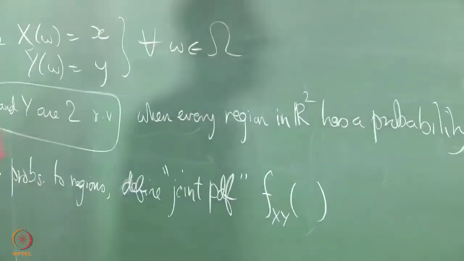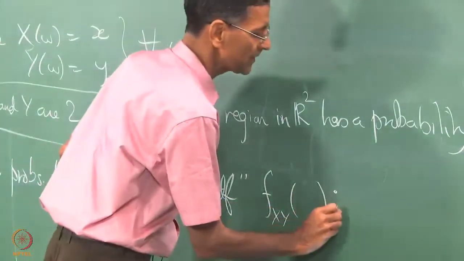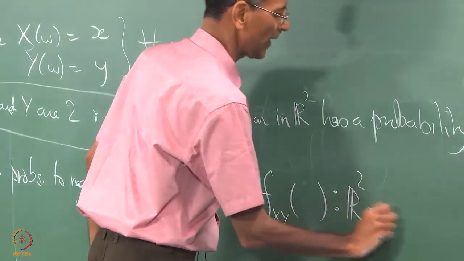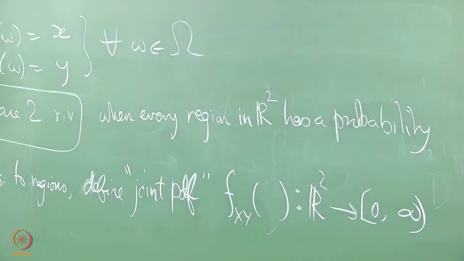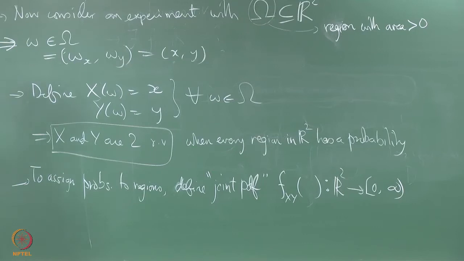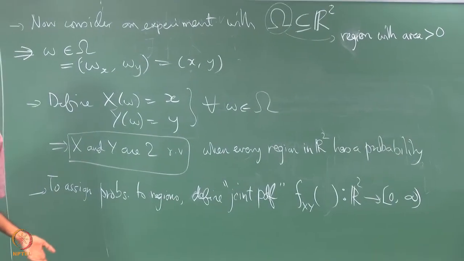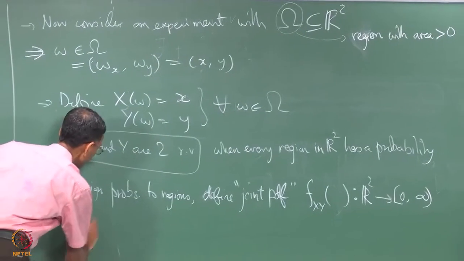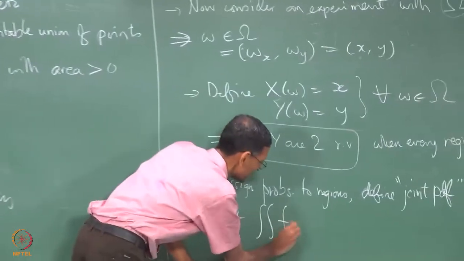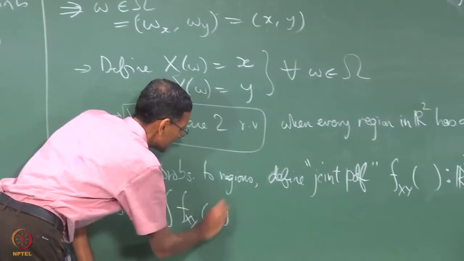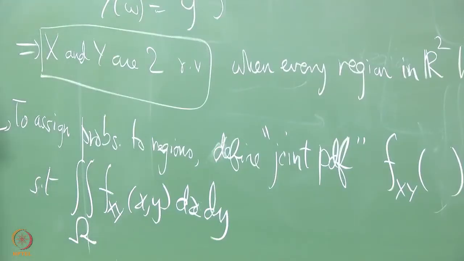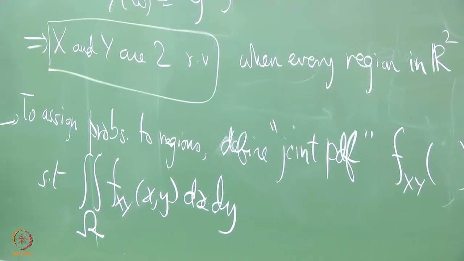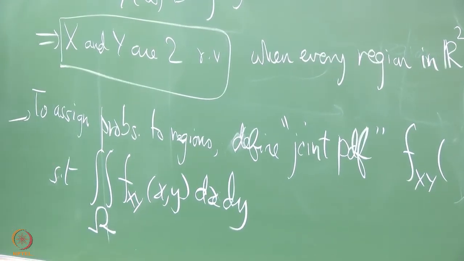So what is this joint PDF? It takes you from basically all of R squared to the interval 0 to infinity. I mean, it is a non-negative function on x, y, such that the double integral over omega, so you have already defined the sample space for the experiment, has unit volume.